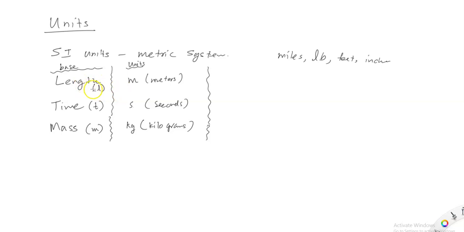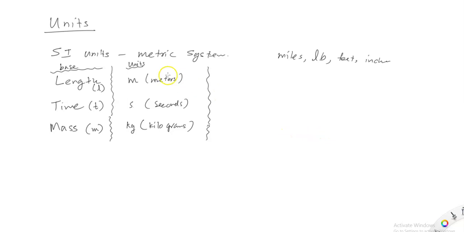Sometimes we use distance, it's the same thing as length, so we use the letter D. Sometimes we use the letter X. That is the thing with physics. For the same thing, you will have many different labels. Also, for many different quantities, we will be using the same letter. So it gets a little confusing in the beginning, but over time you will get used to it. So for now, let's say the length is labeled as L.